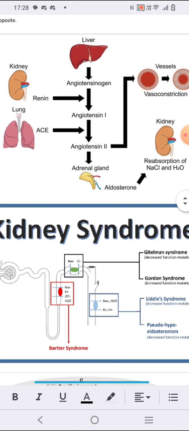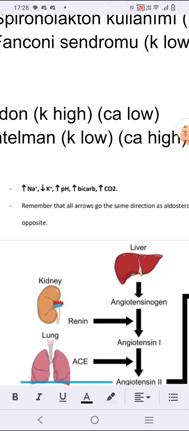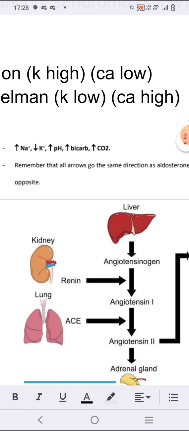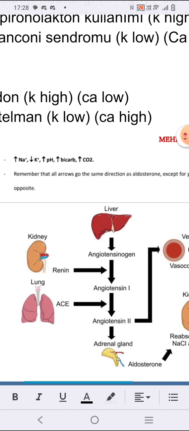So what does it do to electrolytes and pH, right? Melman in his PDF has a great mnemonic, I think, that aldosterone increases everything besides potassium. So if there's increased aldosterone, you have decreased potassium, and everything else will go up.